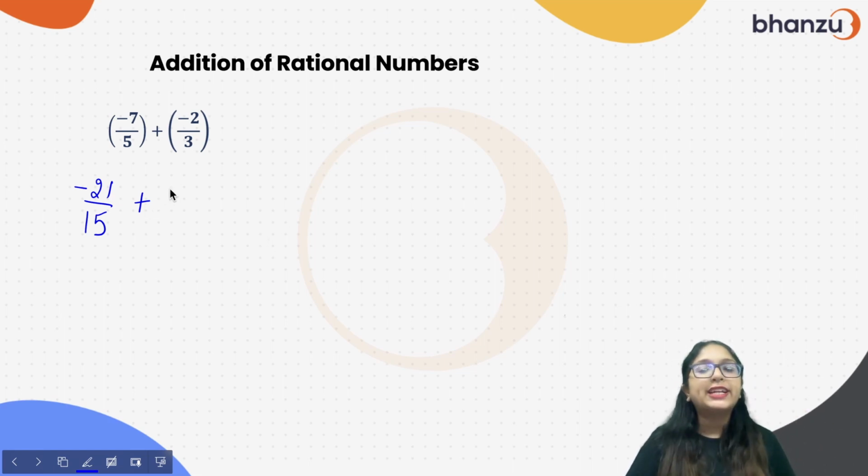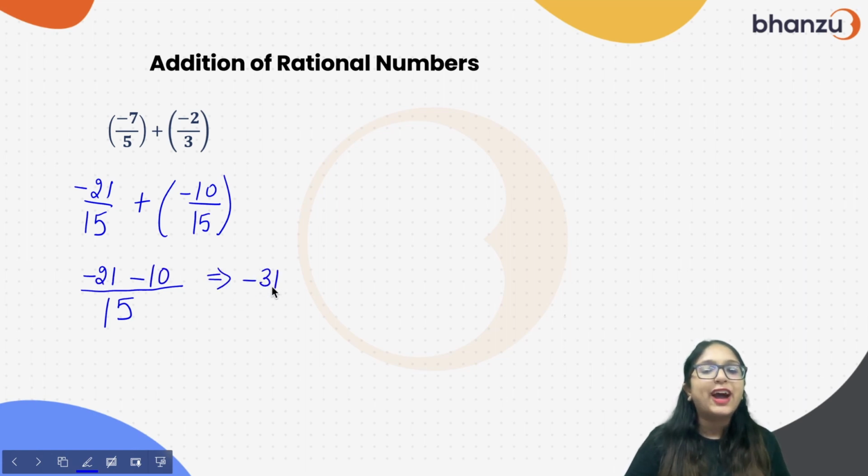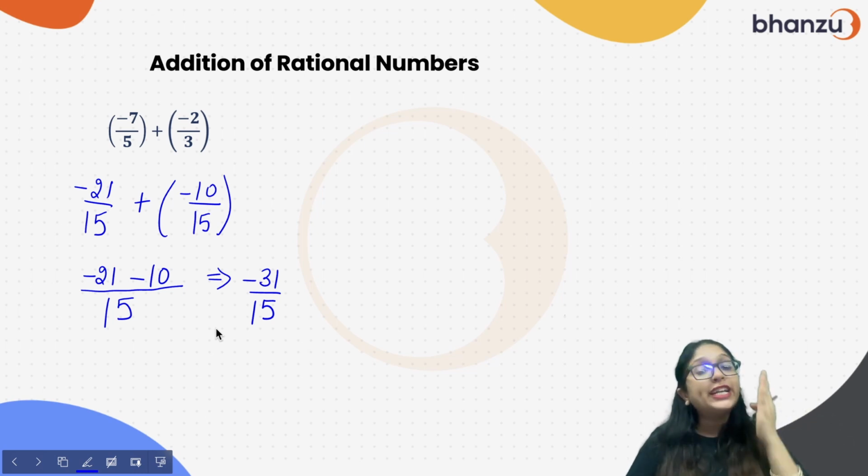So what will it be? It is going to be minus 10 over 15. And then what is the next step? You will keep 15 in the denominator and then minus 21 minus 10, which is equal to minus 31 over 15. So did we get a rational number only? Yes, and we also learned how we can perform the addition operation on rational numbers.